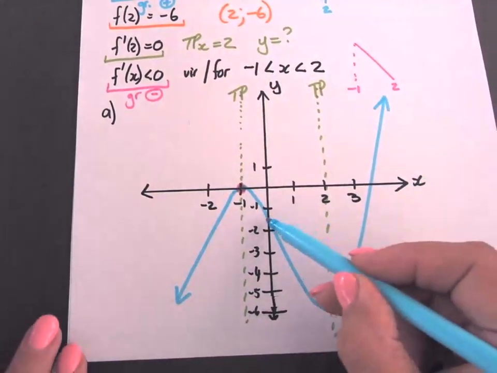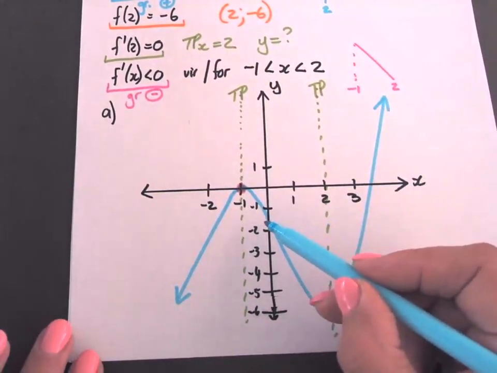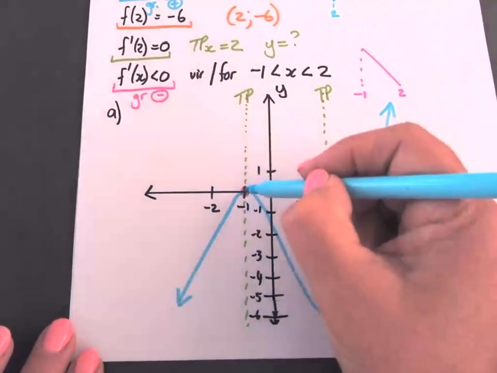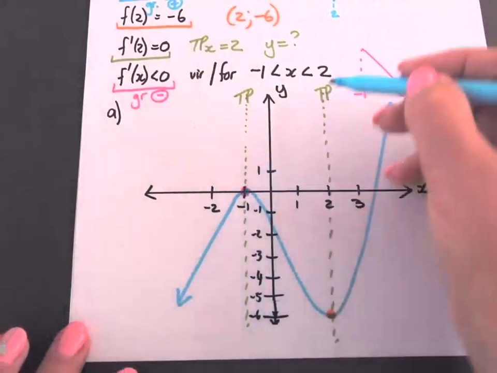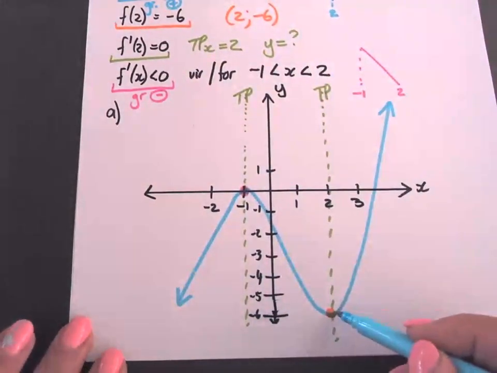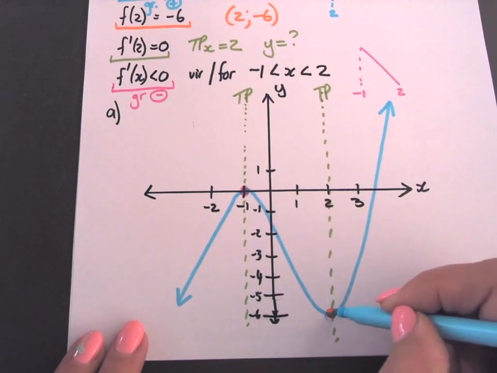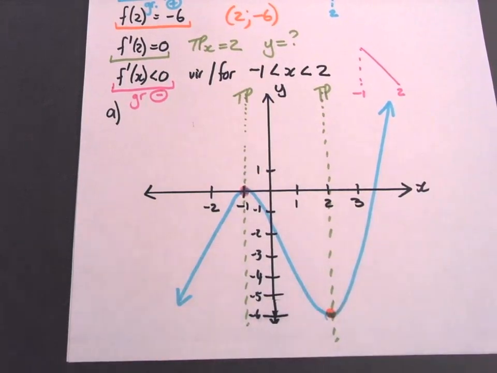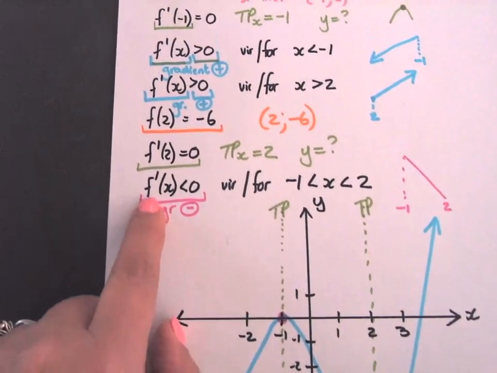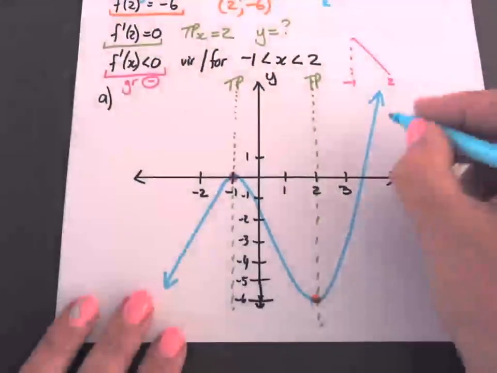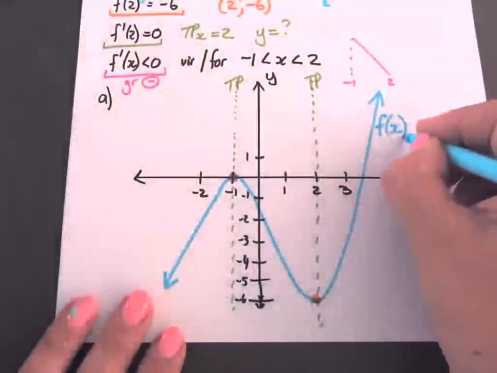We don't know where this intercept is. But we know that it has to turn on -1 and it has to turn on 2. And we know that this orange dot is part of the graph. We also know what the name of the graph is. Everything is f's. So this must be f(x).